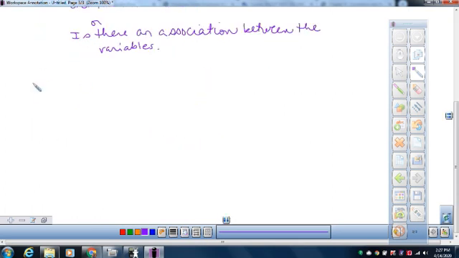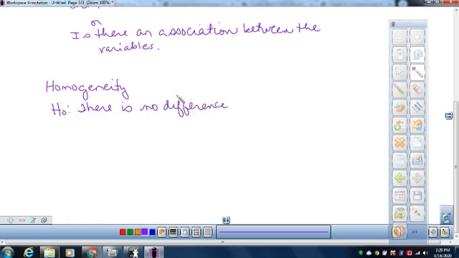So looking at the null and alternative for homogeneity, the null is that there is no difference in one variable relative to another.